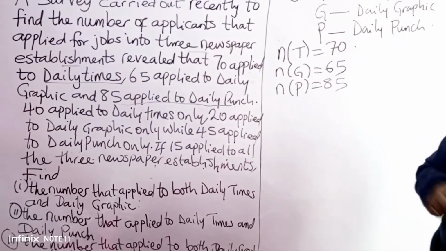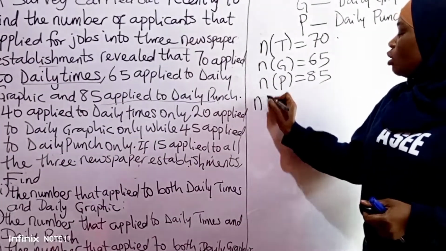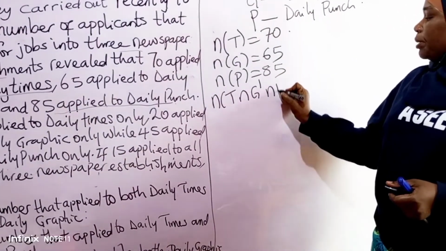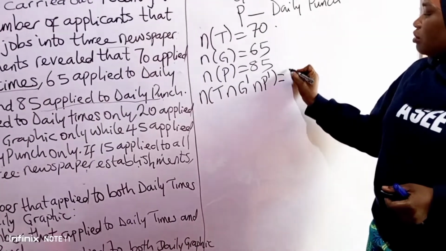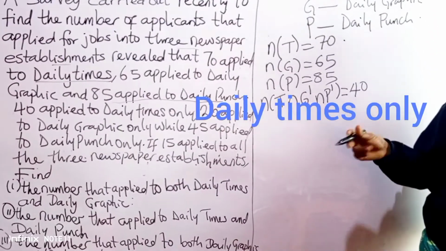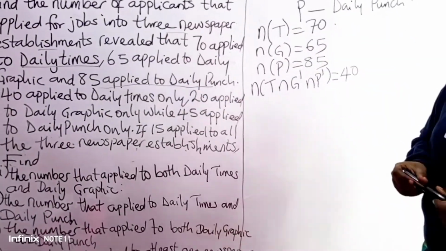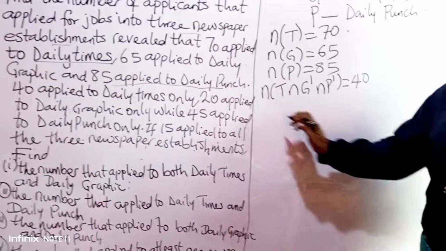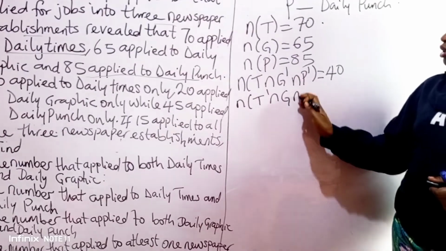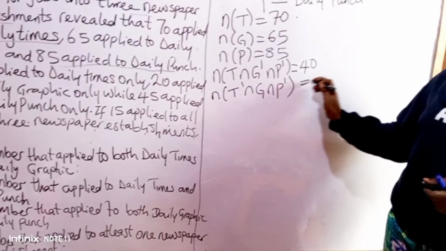40 applied to Daily Times only. Now, to write Daily Times only, I'm going to write cardinality of T and not G and not P is equal to 40. That is cardinality of T intersect G prime intersect P prime. 20 applied to Daily Graphic only, so cardinality of not T but G and not P is equal to 20.